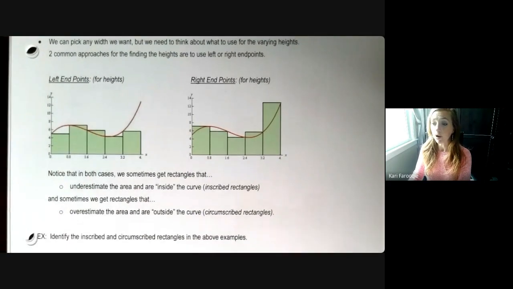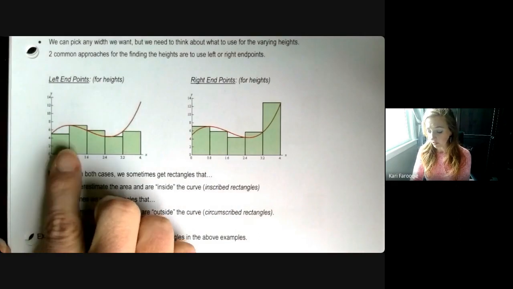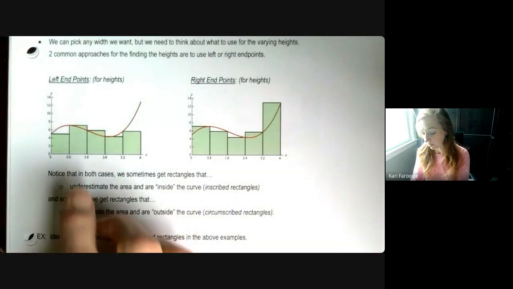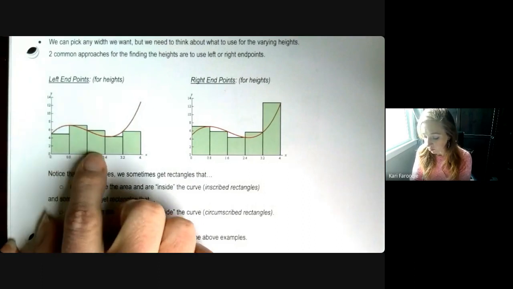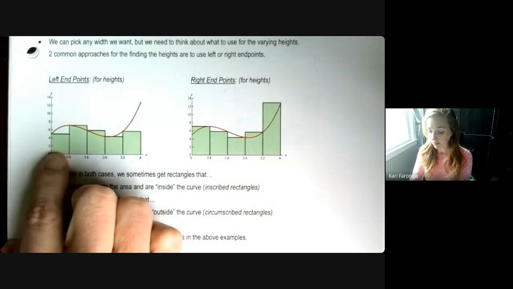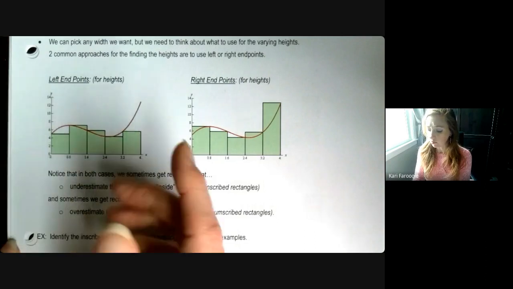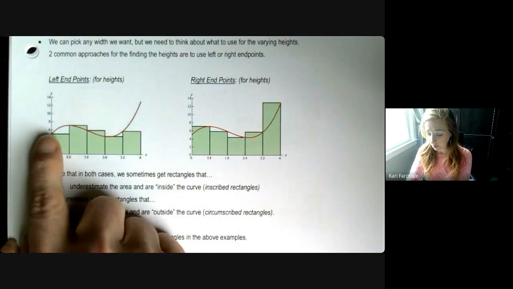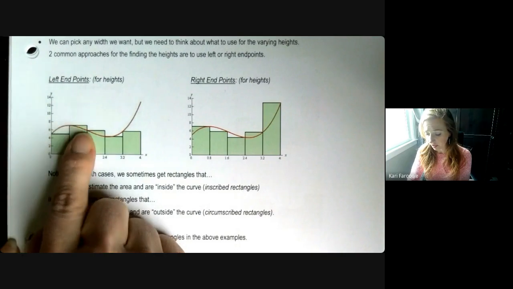So the idea here is we could look at different curves, and I could approximate the area underneath the curve by putting some rectangles of equal, really any sort of rectangles you want. In this case, we have rectangles of equal width and just varying heights, and we could line them up so that the left endpoints are sitting on the curve.